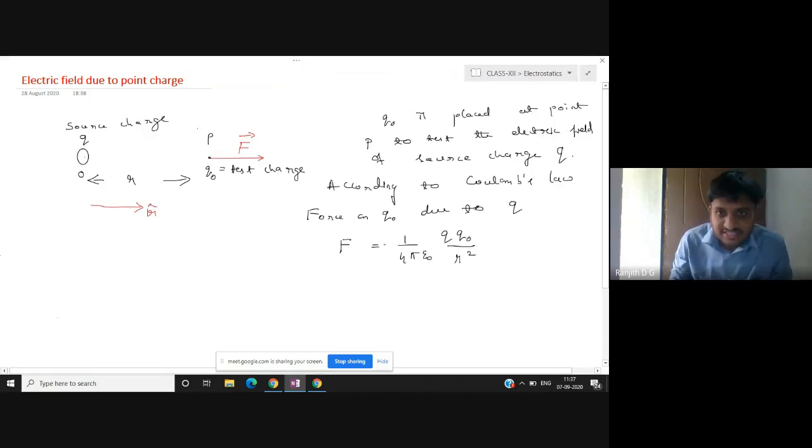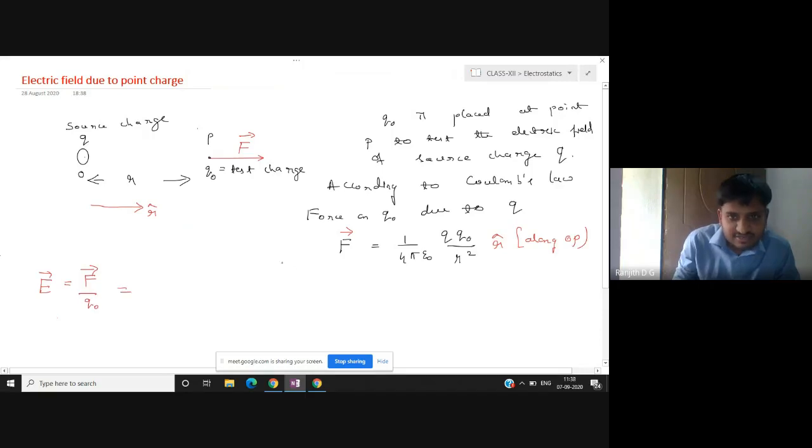I just introduce R cap here, it takes care of the direction. So this becomes a vector, because R cap is from O to P and the force is also from O to P, along OP. Now, by the definition of the electric field, we know that electric field is F by Q naught.